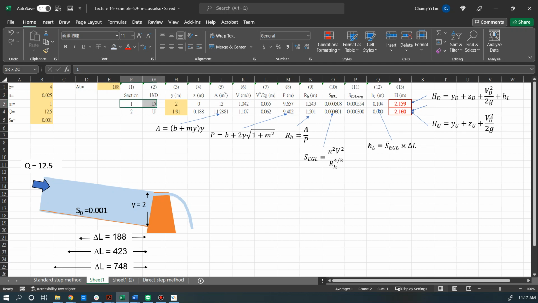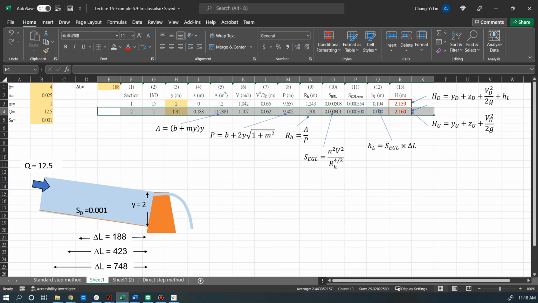Section 1 refers to the point at y equal to 2, which is the starting point of our calculation at the downstream area. We want to solve section 2, the point at delta L equal to 188 upstream.